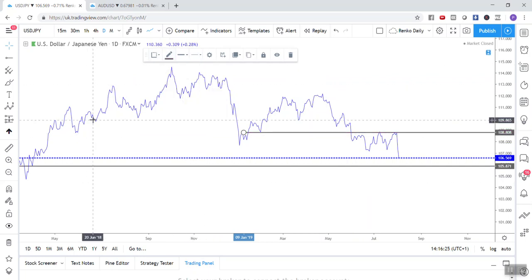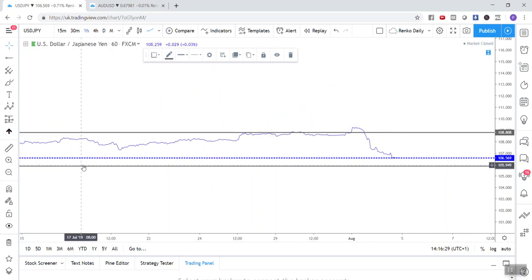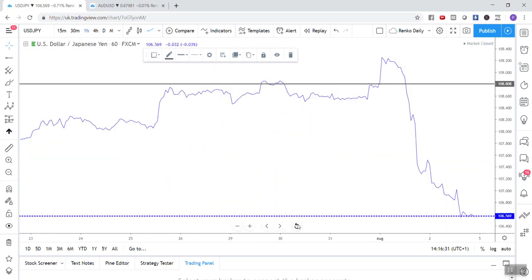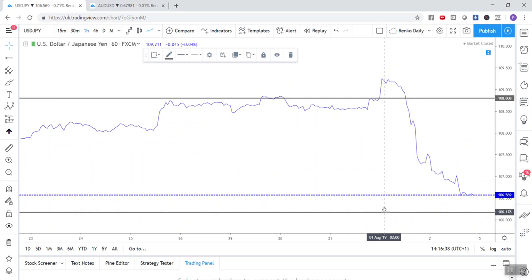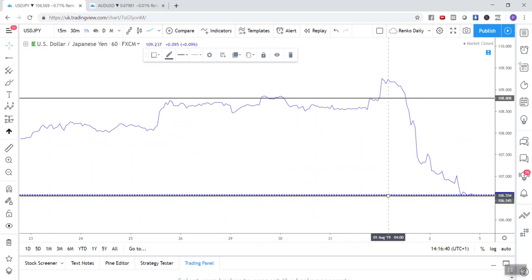But this is on the daily time frame. If we go to the 1 hour time frame, we can see that the market actually pulled back here and started to move sideways on us a bit.